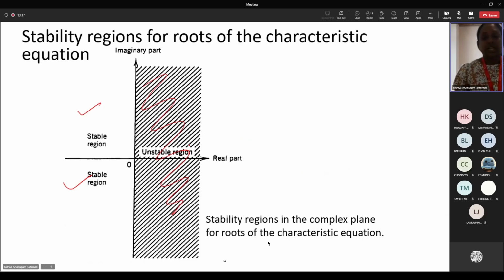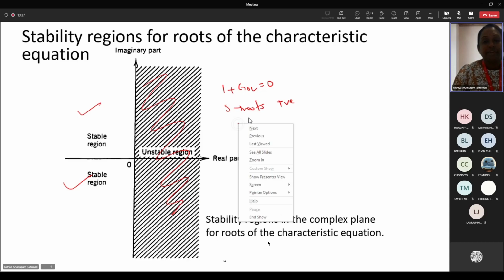All right. So here, if you notice, 1 plus GOL equals to 0 for the characteristic equation. S roots at this point are positive. So we can conclude that they have a positive real part. Our requirement is to have negative real parts, right?